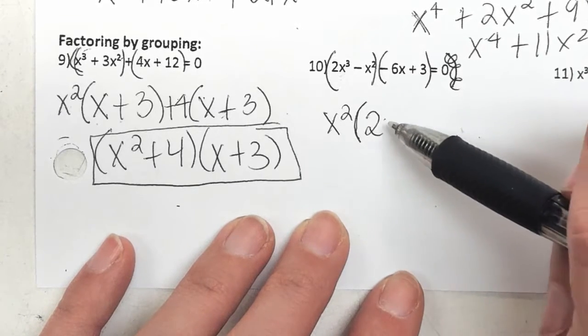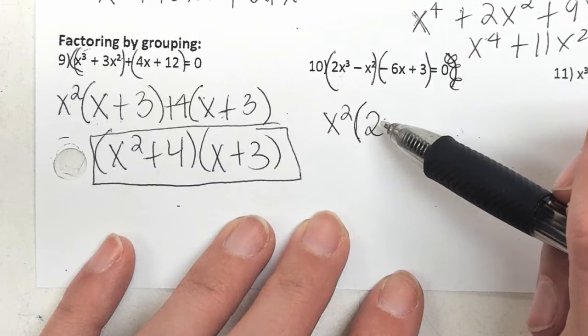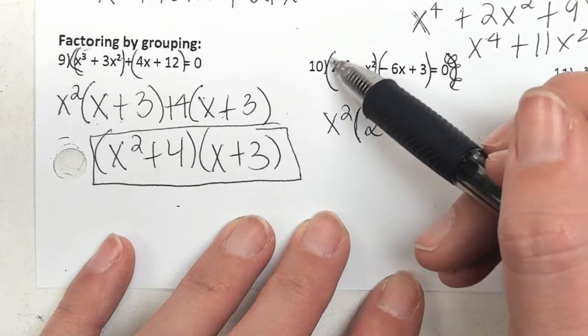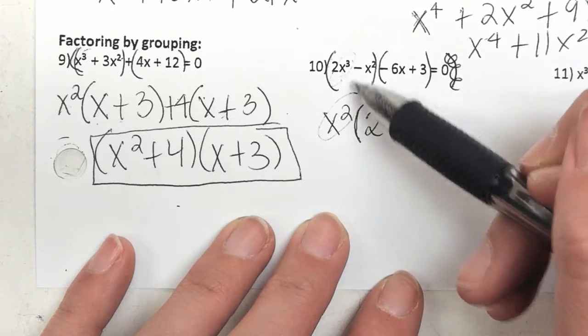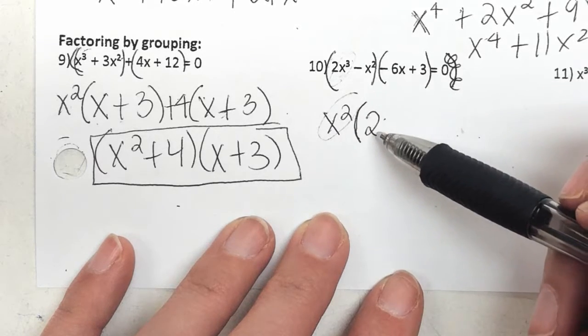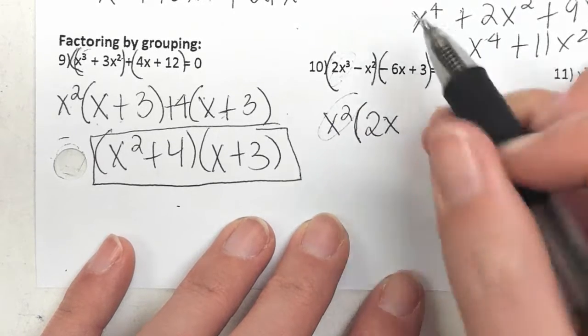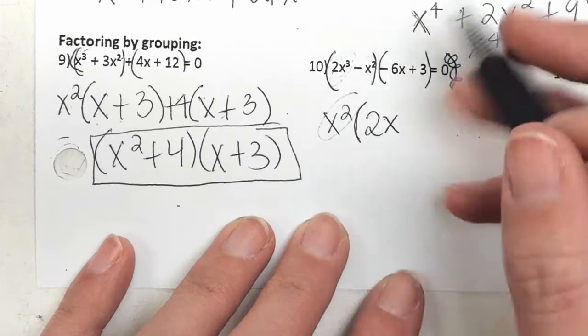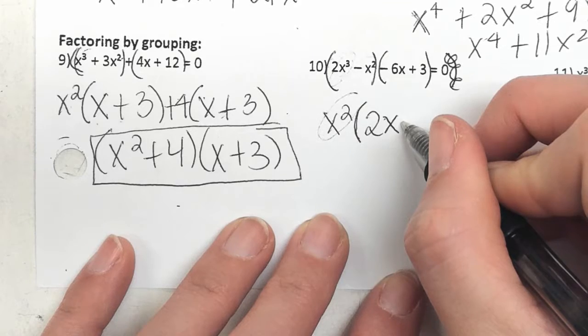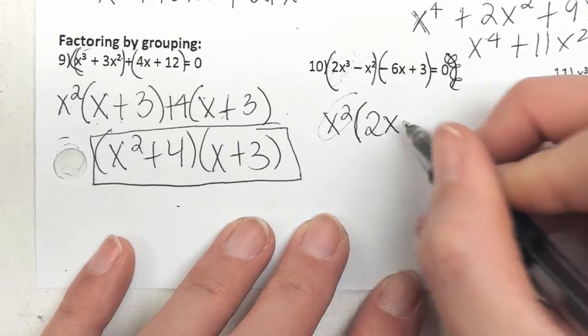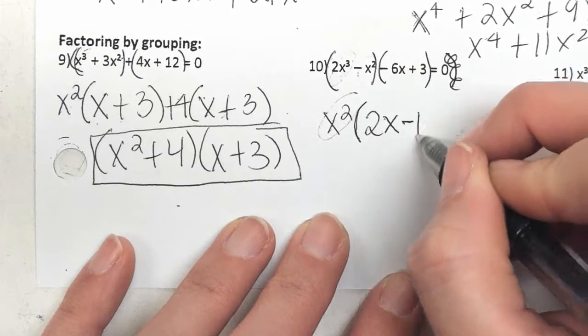What are we missing right here? What is 2x cubed divided by x squared? Yeah, 2x. And then what is negative x squared divided by x squared? Not just 1. Minus 1.